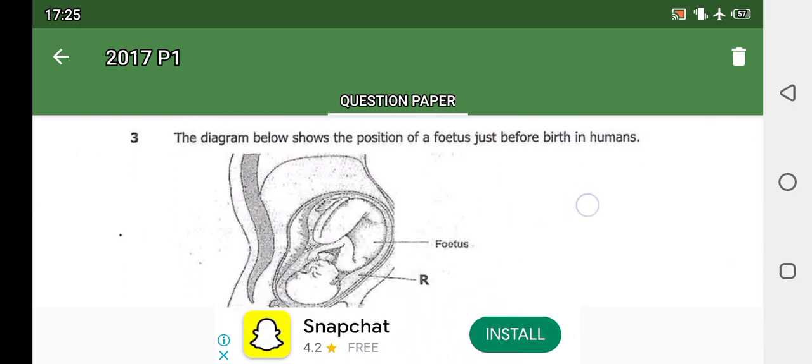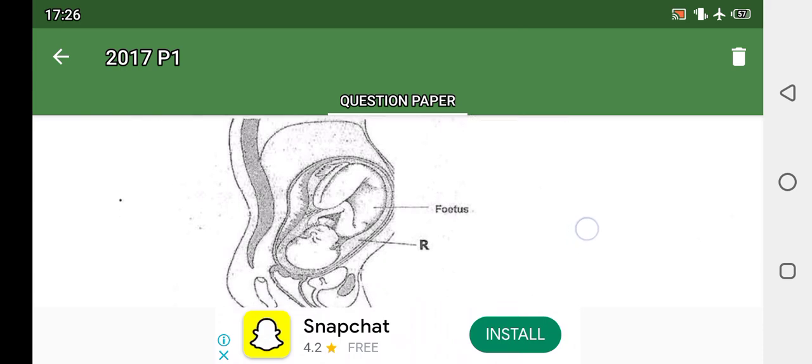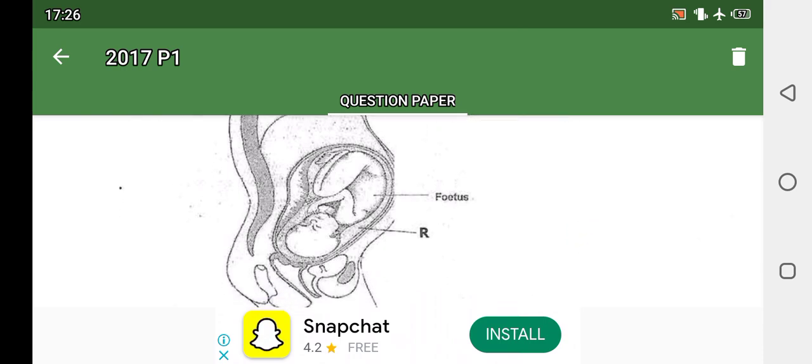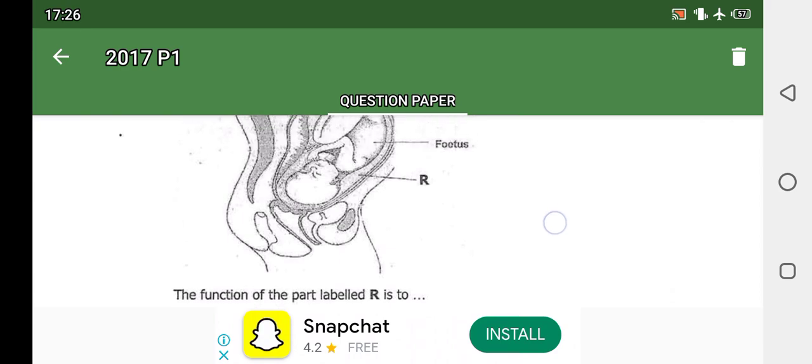So question 3: the diagram below shows the position of the fetus just before birth in humans. We have got a fetus, amniotic fluid, amnion, implantation, the umbilical cord, and the fetus itself. We can see the cervix and the vagina. The question is, what is the function of the part labeled R?